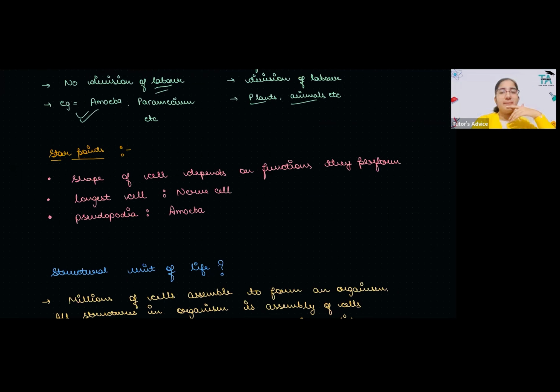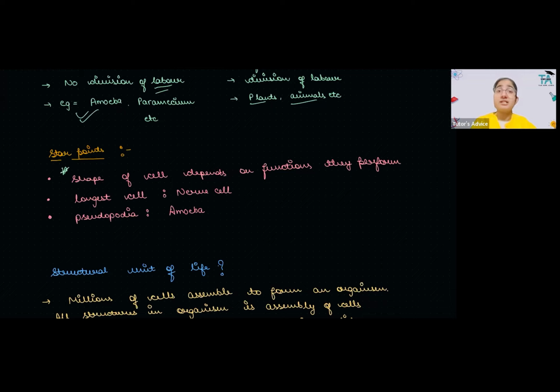Coming to star points, yeah. So shape of cell depends on functions they perform. This is important. Like how can we say that this particular cell is going to have a particular shape? Because it depends upon the function they perform. It is just about what kind of function they have, similar sort of a shape. For example, all the nerve cells, their work is to connect the body in terms of electrical impulses or nerve impulses, correct?